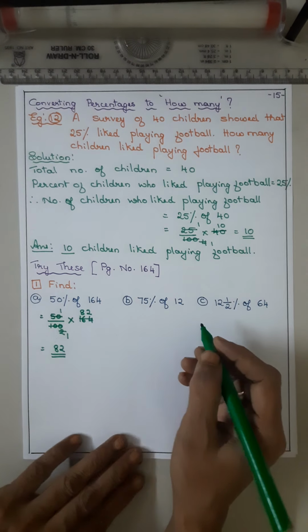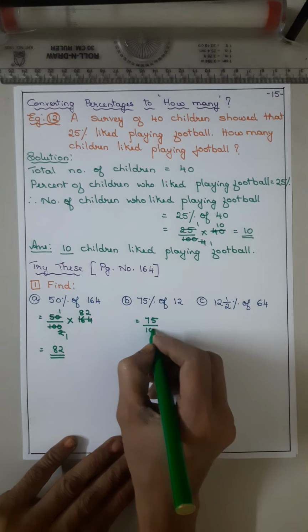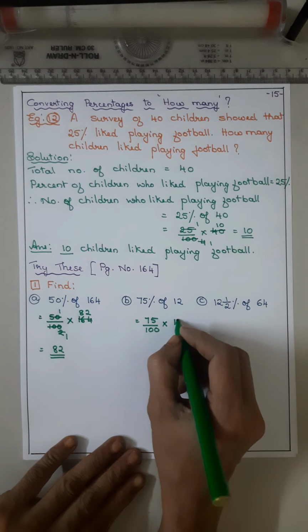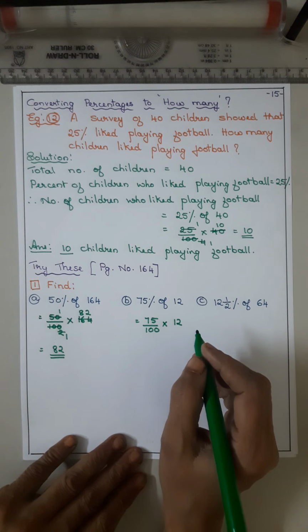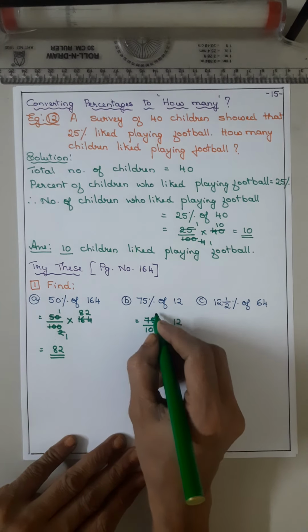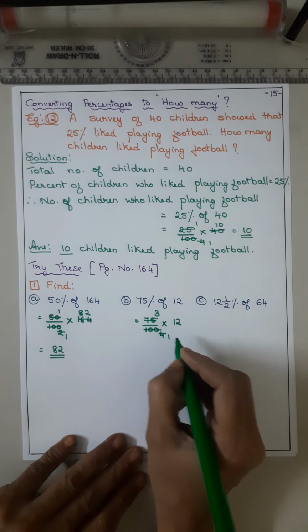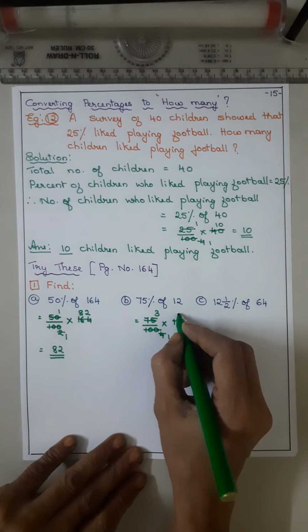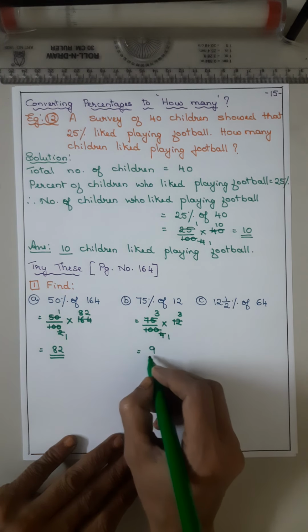Now 75% of 12. So 75 by 100 into 12. 75 and 100, they come in the table of 25. 25 threes are 75, 25 fours are 100, 4 ones are 4, 4 threes are 12. So 3 threes are 9, it is 9.